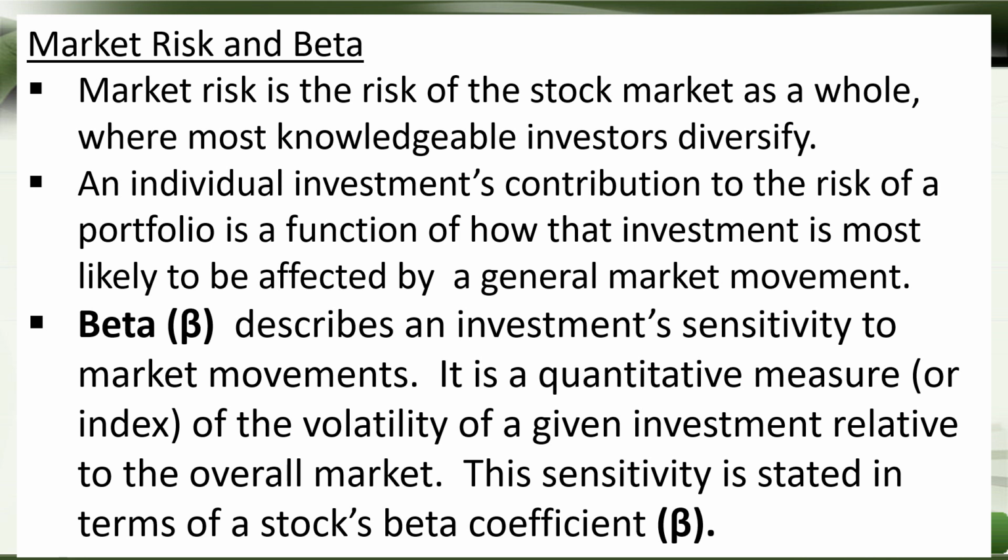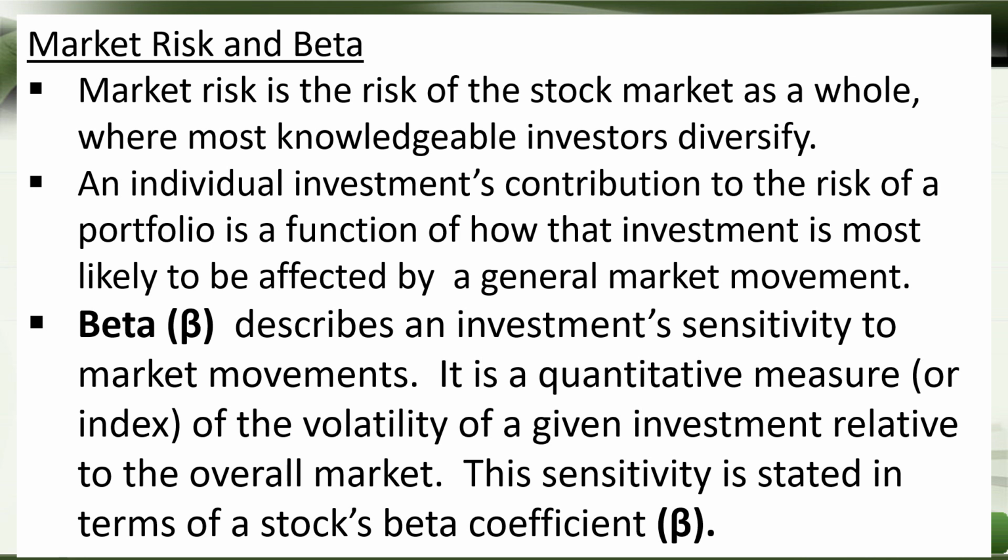It is a quantitative measure or index of the volatility of a given investment relative to the overall market. So there are many individuals reacting to one investment instrument based on market situations. They combine together, so the market movement on that particular investment is a quantitative measure called beta.